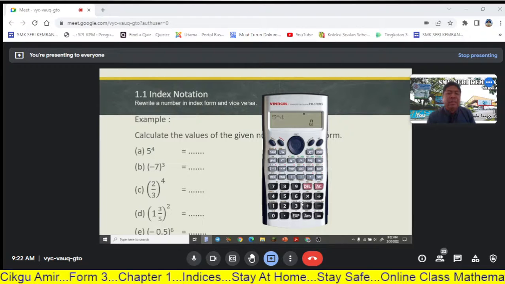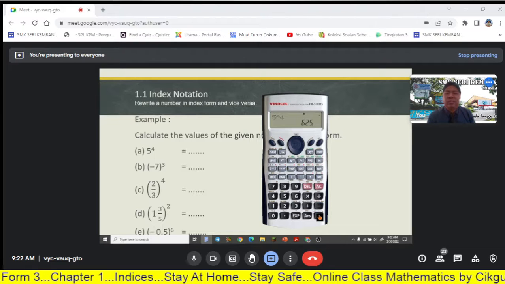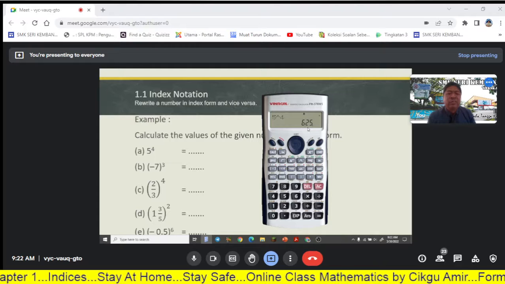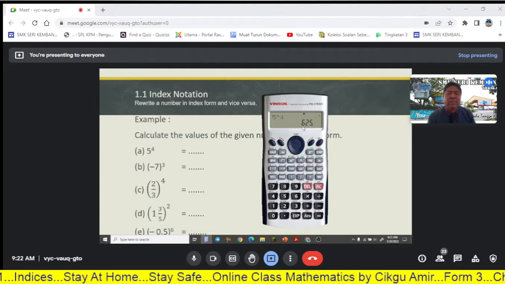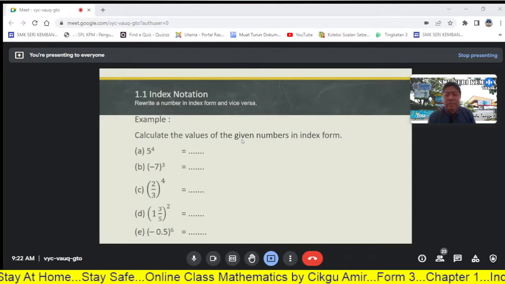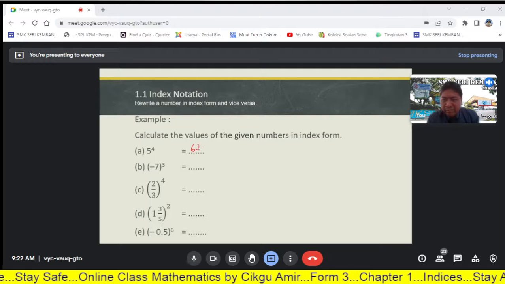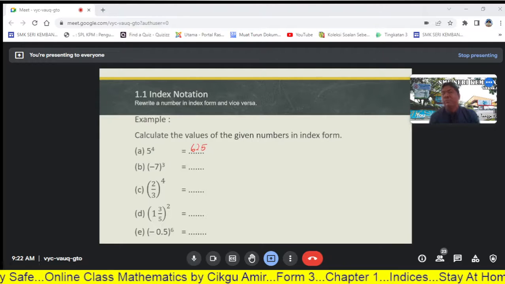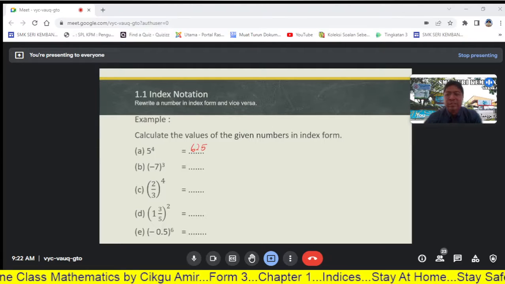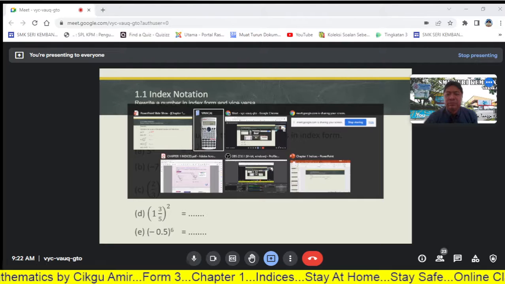Then I push the equal symbol. I get the answer 625. We write this answer, 625. That's the first one, using a calculator.